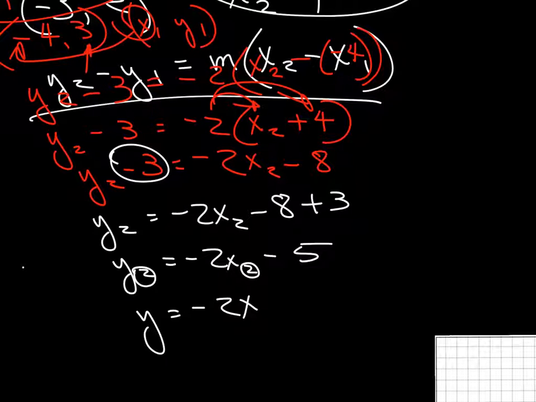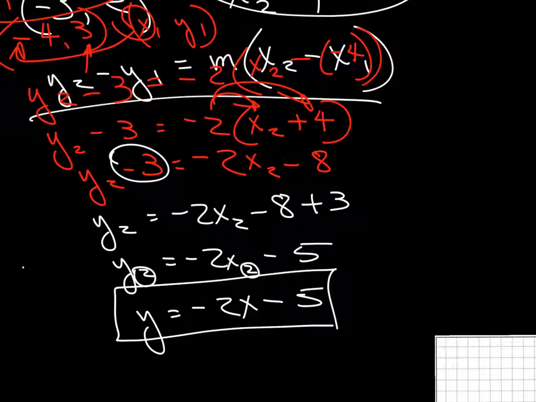The only reason I really needed them there is if I had more than one x, so I could determine which one was which. So now I have that. Right there is the equation of the information that they gave us. A slope of -2, and the line goes through -4, 3. There's the equation that has that information there.